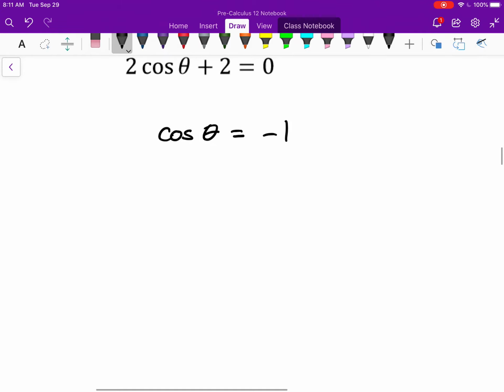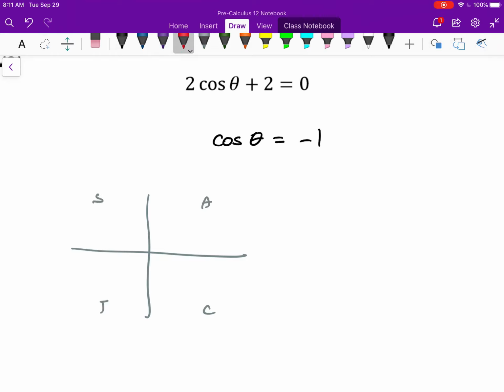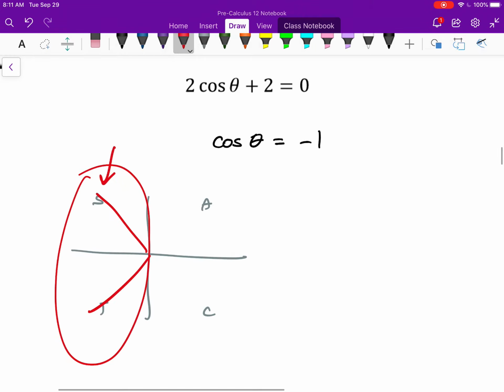So where was that again? Where did cosine equal -1? Let's think. Let me draw this out. If I think about the cast rule, okay, cosine is negative in these quadrants. But it's not going to be in these individual quadrants. So I know it's not going to be quite like this, because cosine is -1 right between two quadrants.